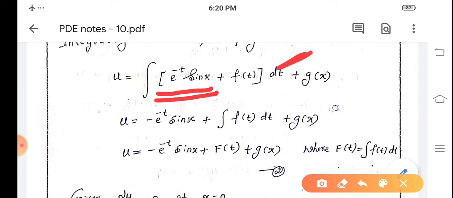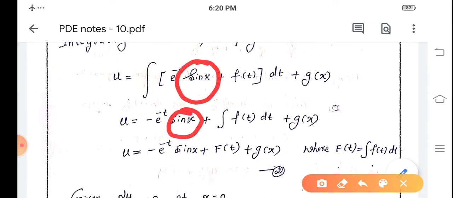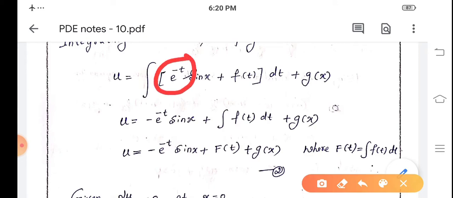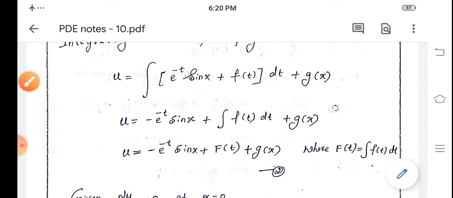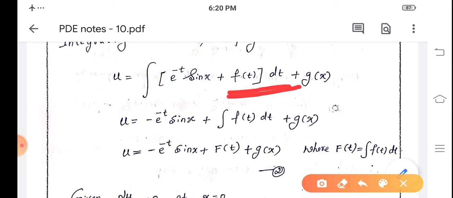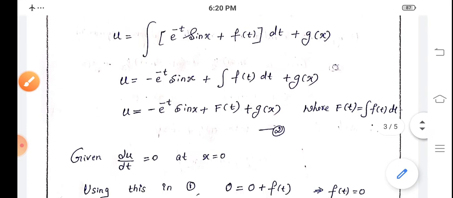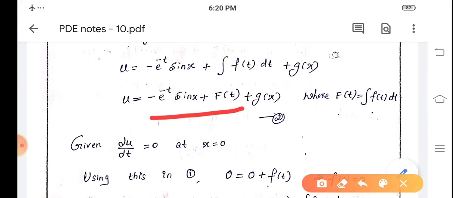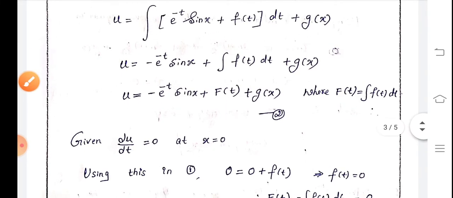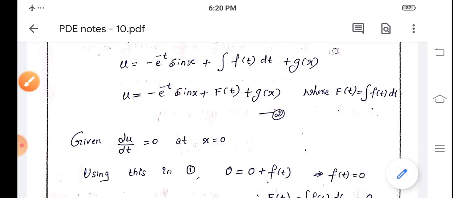With respect to t, the x term is constant, that is sin x into the integration of e^(-t) with respect to t, which is -e^(-t). So it is -e^(-t) sin x plus the integration of f(t) dt plus g(x), or we write u = -e^(-t) sin x + F(t) + g(x), where capital F(t) is the integration of f(t) dt. We'll take it as equation number 2.